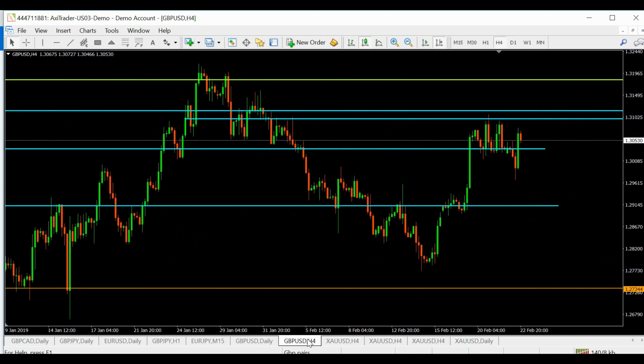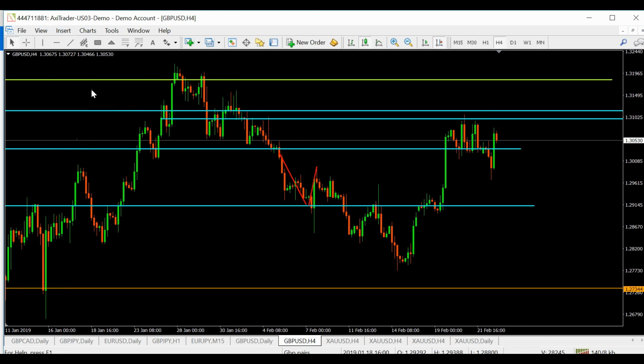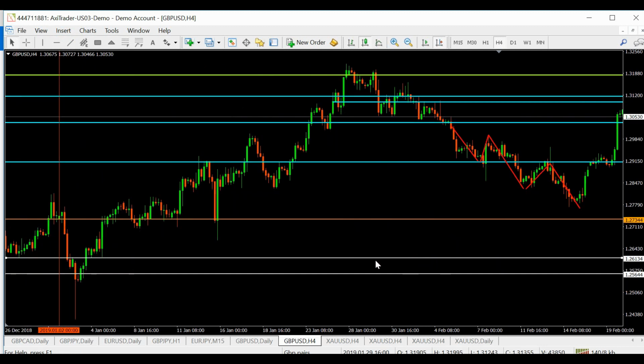Let's take GBP USD, so it will be very easy for you to understand. See, it's already here. The market initially, while going down, you can see it stopped in the support area, it breaks down, again it retests in that area and it goes down. Same here.